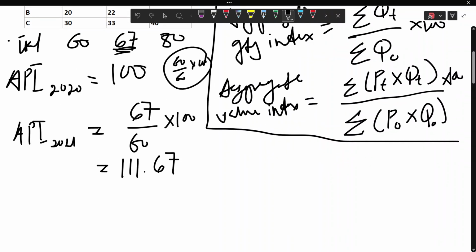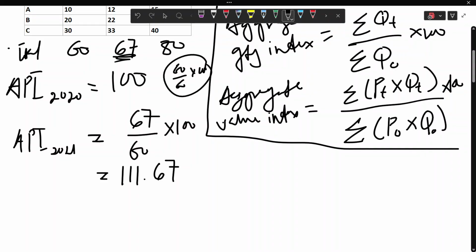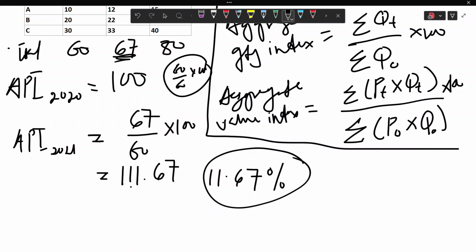So what can we say about this with respect to the base year? Meaning that prices increased by 11.67%. That's above the 100%.